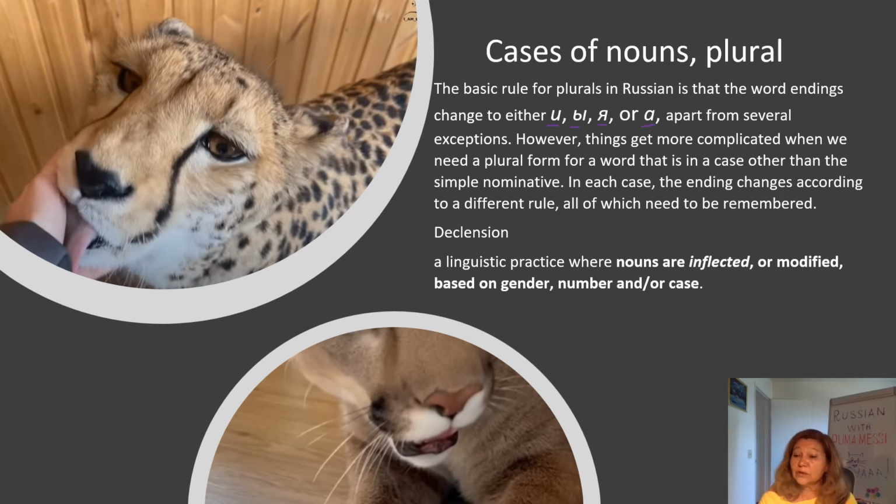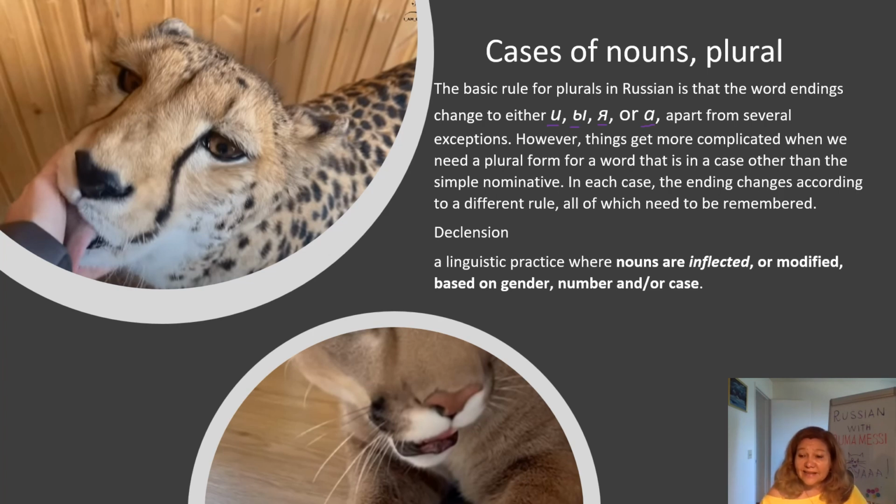But let's go to the examples, and you'll see that actually it's not that difficult to understand. Again, we are not forming the cases, we are not forming the plurals, we are just recognizing those words.